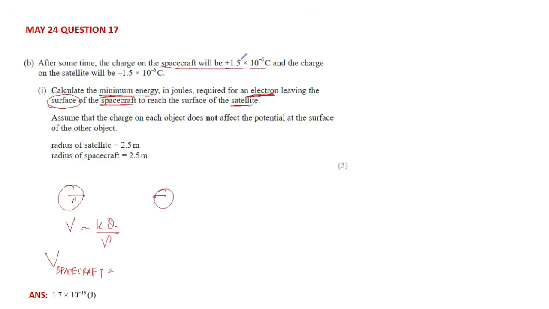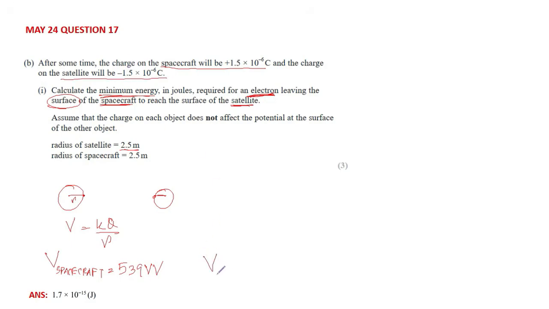So Q would be plus 1.5 times 10 to the power minus 6, and r would be 2.5 because I want to find out the electric potential at the surface. So the value for the electric potential at the surface of the spacecraft is 5394 volt, and you do the same thing for the satellite, but the charge on the satellite is minus.